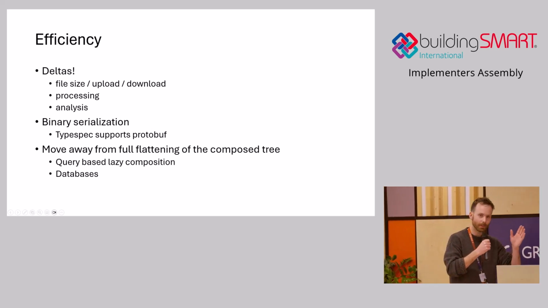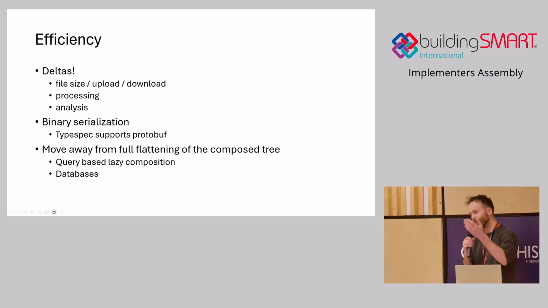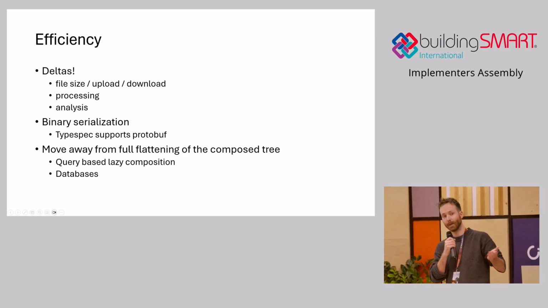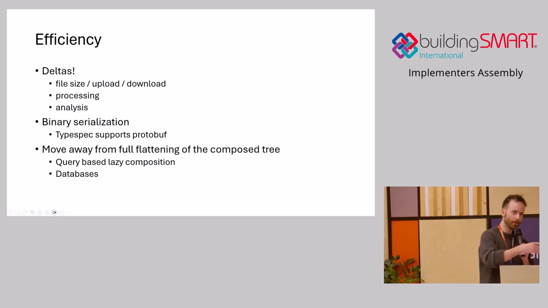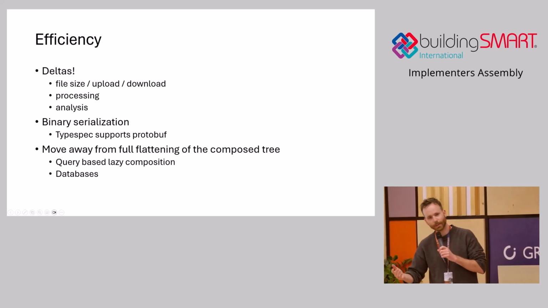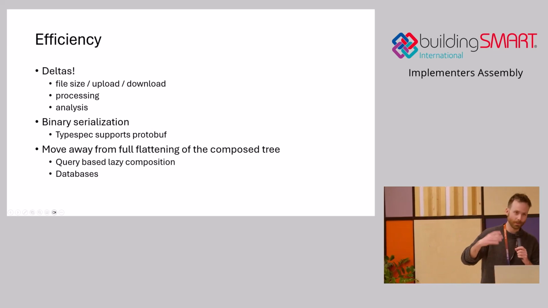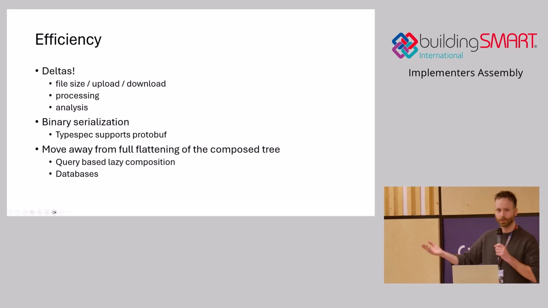The processing can be targeted, so you can recalculate your IDS just for the delta. The analysis is going to be better, so the clash detection is going to know what changed and is able to make its own conclusions. And even if you do want to generate all of your geometry from the semantic definition, which usually takes a bunch of time because of the booleans, even that will go down because you have deltas, right?